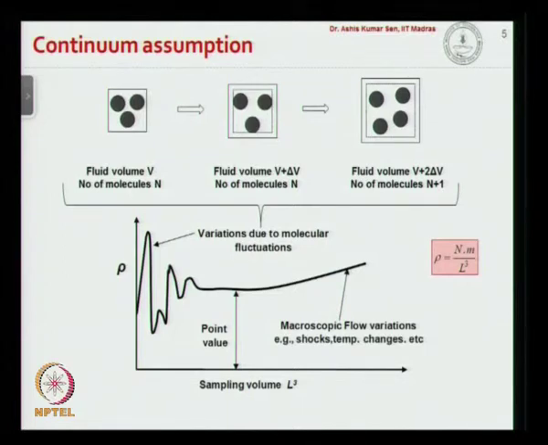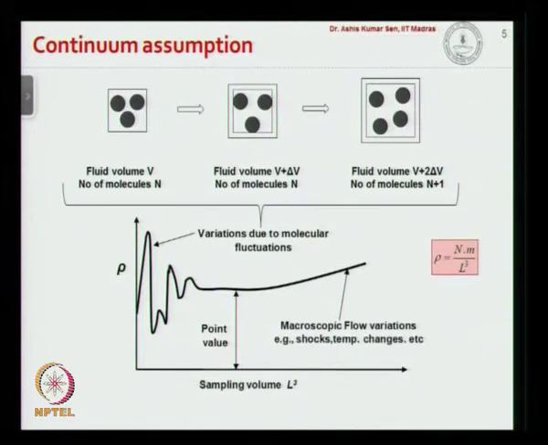So that would lead to a sudden reduction in density, because you are increasing volume without increasing the mass of the molecules. If you increase the volume further from V plus delta V to V plus 2 delta V, then suddenly maybe one molecule can be added into the volume. So suddenly you have n plus 1 molecules with an equal increment in the volume.